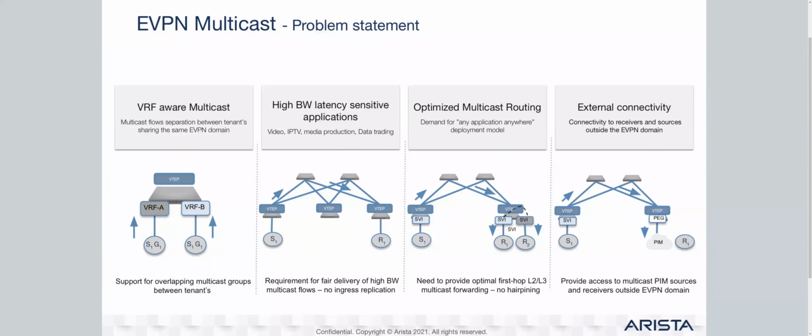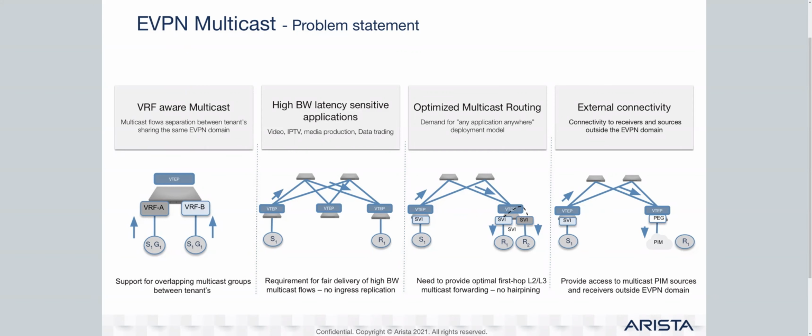They're looking to solve it a similar way with multicast applications. They're trying to produce and deliver multicast in an EVPN environment in a way that is VRF aware, therefore providing separation of multicast groups and multicast streams across different VRFs or different tenants within the EVPN domain.